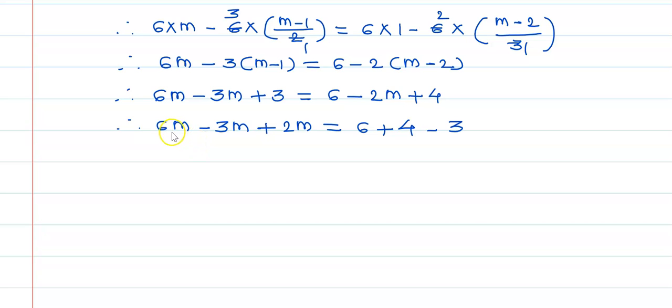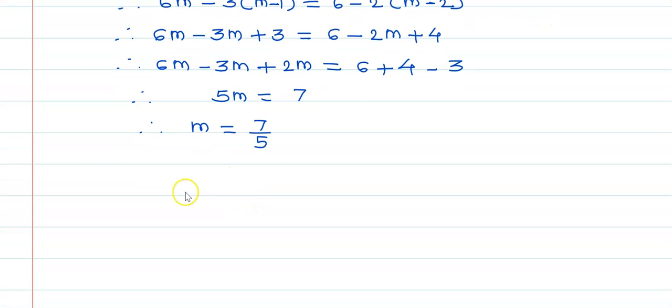Okay, now 6m minus 3m, you will get 3m, 3m plus 2m, 5m. What about 6 plus 4, 10, 10 minus 3, you will get 7, and therefore m is equal to 7 upon 5, and this will be the answer.